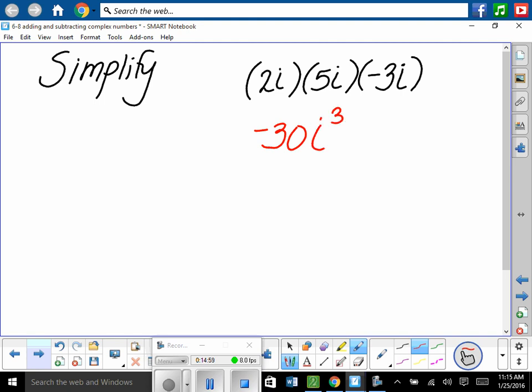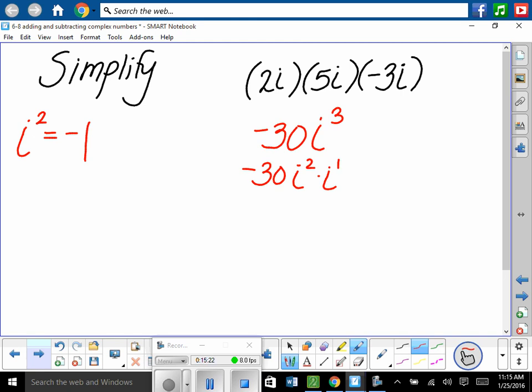I cubed, right? But now here's the trick. Think about it. We know that i squared is equal to negative 1. So anytime the degree is higher than 2, we need to rewrite it in terms of degree 2. So let's rewrite this. Isn't this negative 30 times i squared times i? Look, i squared times i. Isn't this i to the first? Yeah.